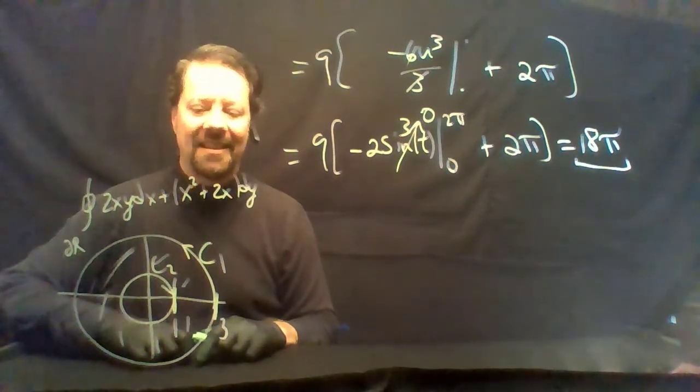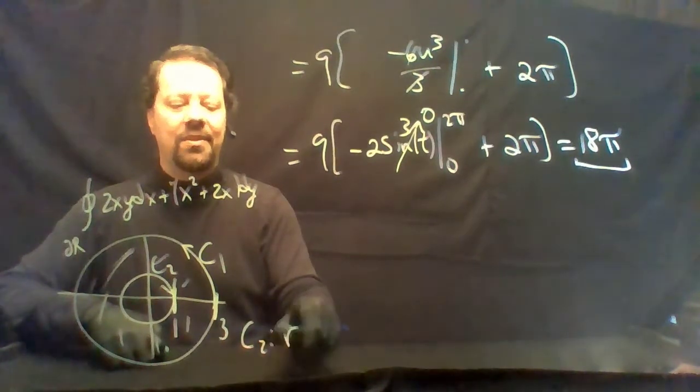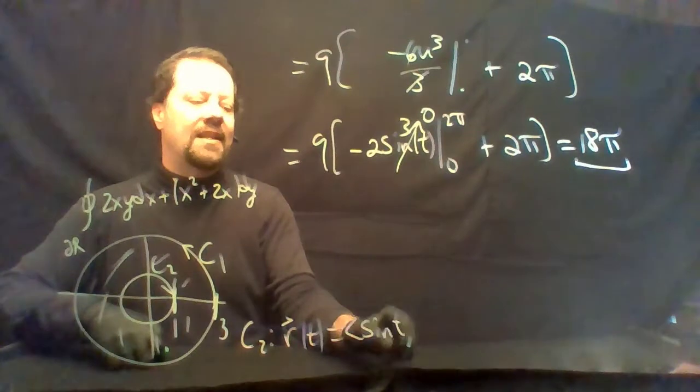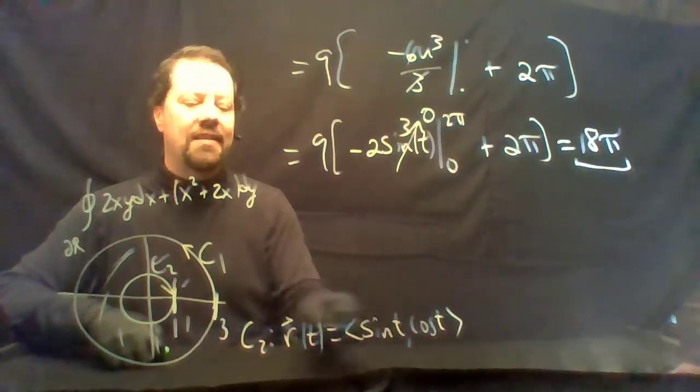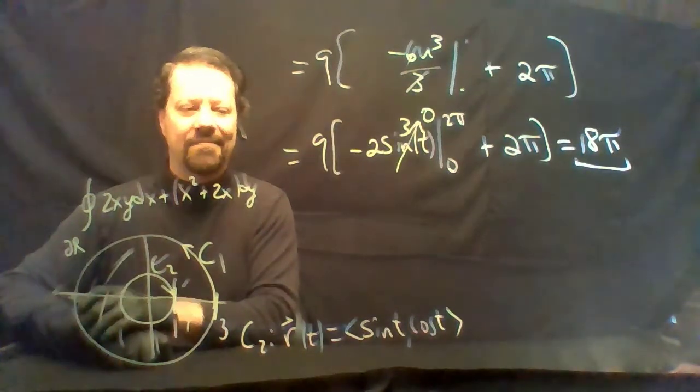Now we have to calculate the integral on C2. You'll remember that on C2, r of t was sine t, cosine t, putting the sine first in order to get the orientation going in a clockwise fashion.